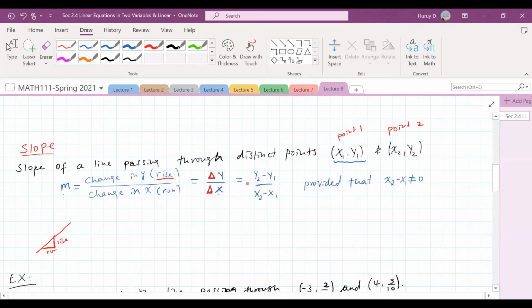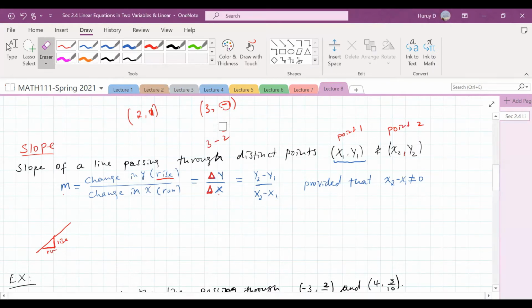Here we have to be careful. For example, if I give you 2 points, 2, 1 and 3, -1. Which one is point 1 and which one is point 2? Should I subtract -1 minus 1 over 3 minus 2, or which way?